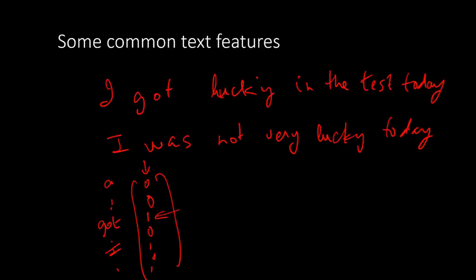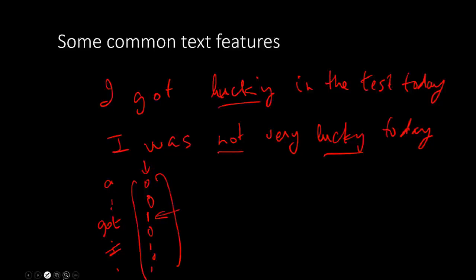Now those classifiers, if we have a binary classifier for positive versus negative emotion for sentiment analysis, might be able to figure out that if these two appear together, then it's a negative emotion. If this appears by itself, then it is a positive emotion. We may or may not be able to get it. Now, one problem with this is that we are putting an emphasis on all the words together, right?